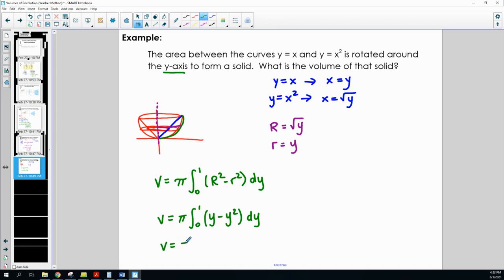So I can then take the antiderivative. So I'll get 1/2 y squared minus 1/3 y to the 3rd. And then I'm going to evaluate it at 1 and 0 and subtract them. So if I do that properly, I should get that the volume is equal to pi over 6.